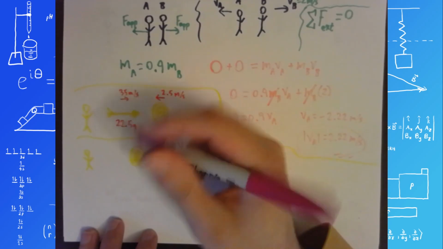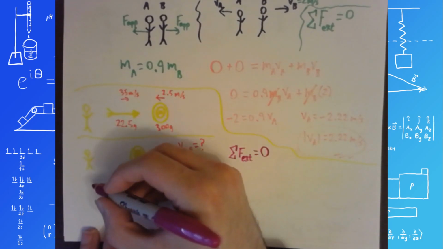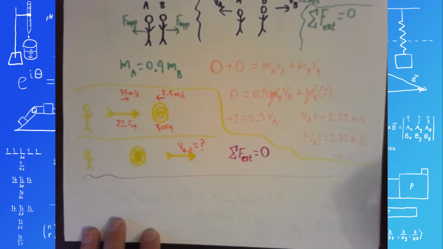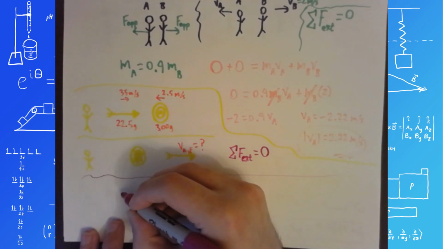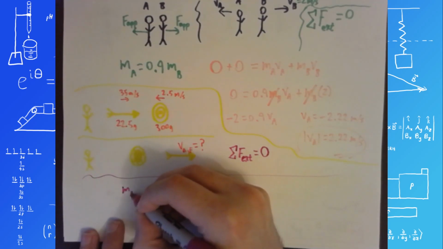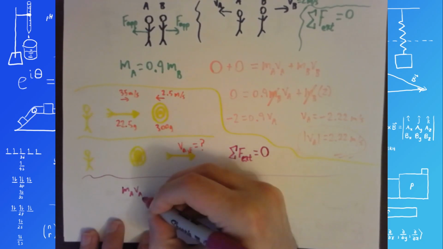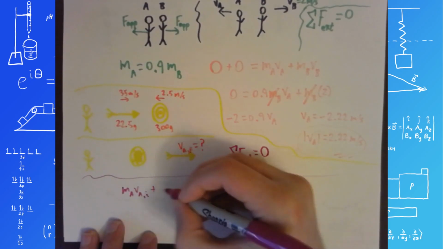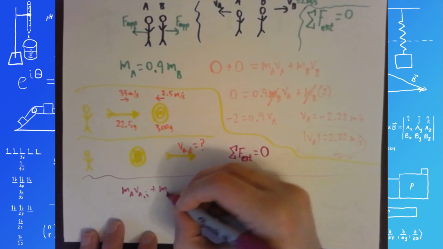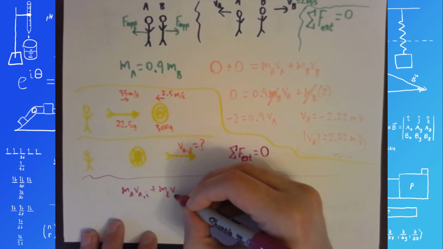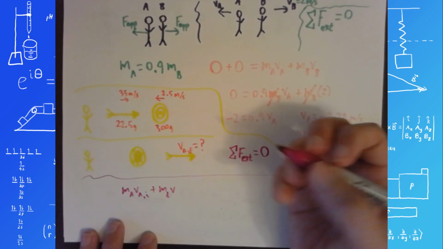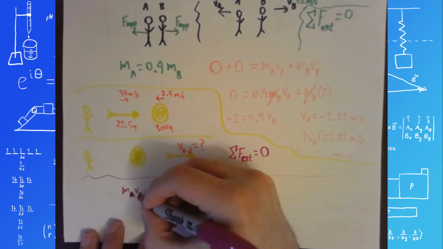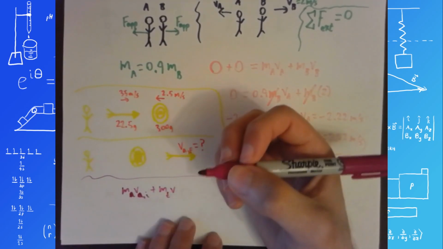For the y component, we don't have to worry about it, but in the x direction, momentum is most certainly conserved. So we can do mass arrow v arrow initial plus mass target v target initial. Did I use a capital A or a lowercase a earlier? Let me be consistent.